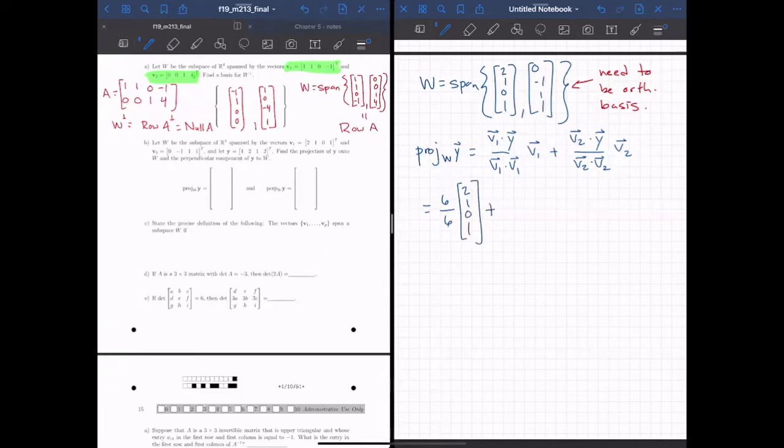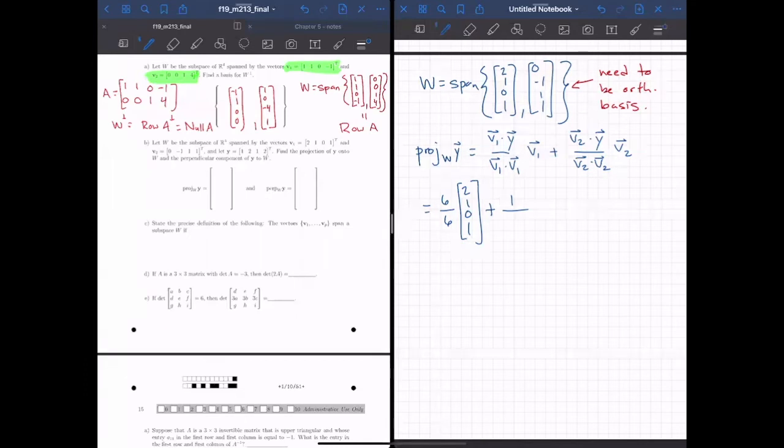And then plus v2 dot y, which is negative 2 plus 1 plus 2. Negative 2 plus 1 plus 2 is just positive 1.